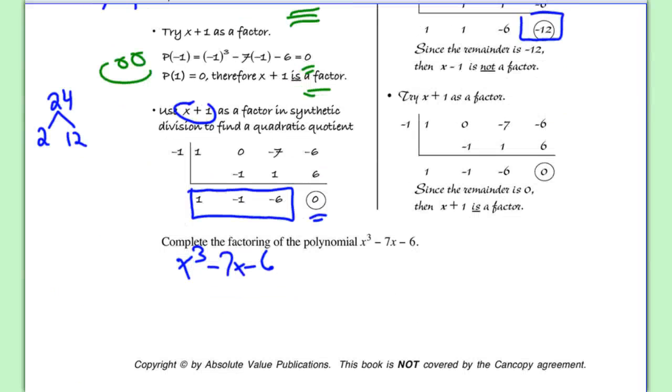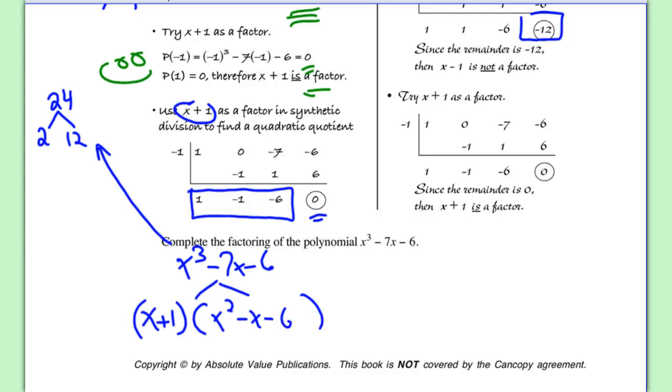So I want to present this as I would a Math 10 student, just like we did up here when we were in Math 10 and doing prime factorization of numbers, right? So I've learned that x cubed minus 7x minus 6 now factors because x plus 1 is a factor, and the other factor that goes with that is x squared minus x minus 6.